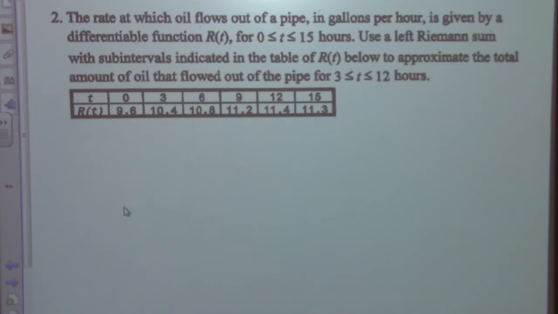Think of the song: a rate. Don't hesitate to eliminate the rate. So how do we eliminate the rate? You need to integrate to eliminate the rate.